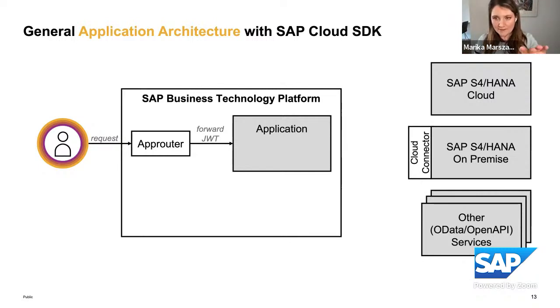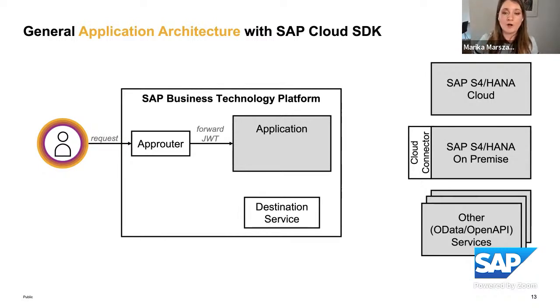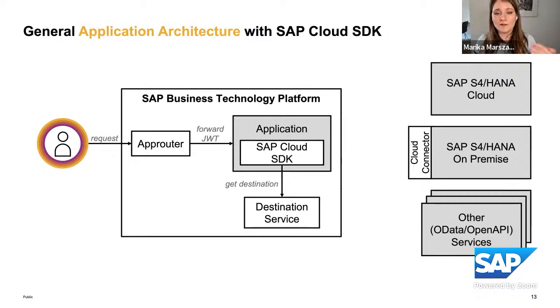Generally, you have these systems, you want to consume them in your application, and to do that on Business Technology Platform, you use the destination service. If you use on-premise, you obviously also use the connectivity service. For most authentication methods, you probably integrate with XSUAA or something like this. But this is the essence. Here, the SDK comes into play, because with the SDK it is quite easy to retrieve a destination.